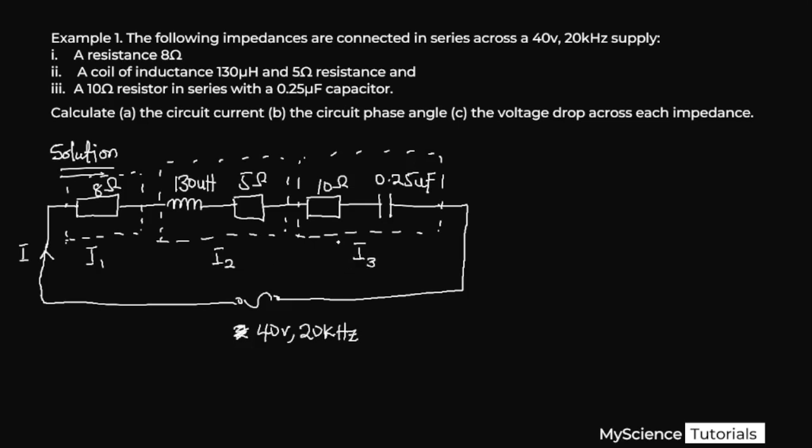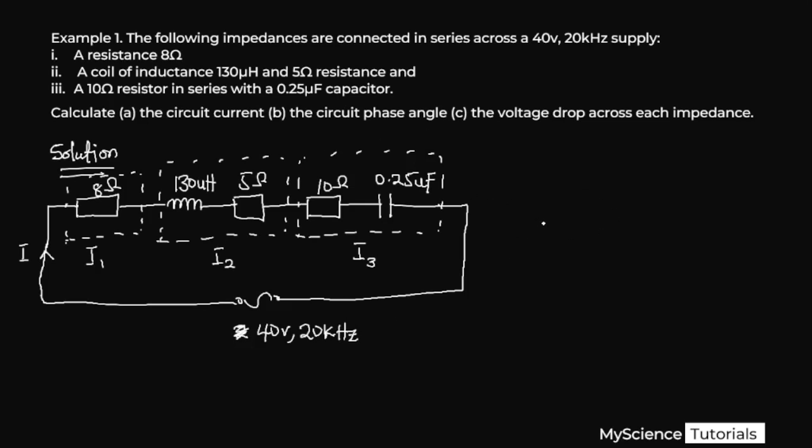So this is our circuit. Now we realize that if we look at the circuit very well, we have a resistor in the first impedance, a resistor in the second impedance, and a resistor in the third impedance. And that is the only component that is consistent or repeating throughout the various impedances.